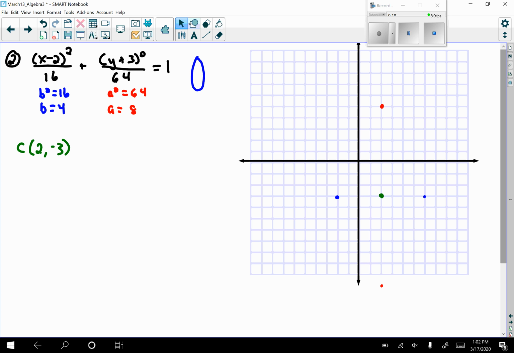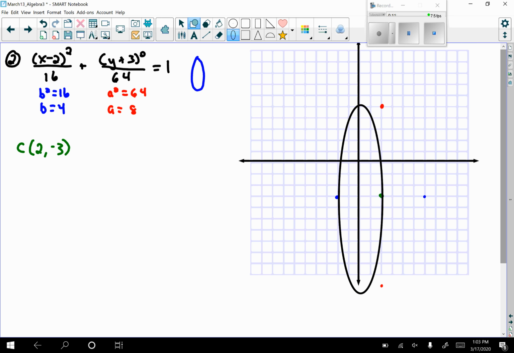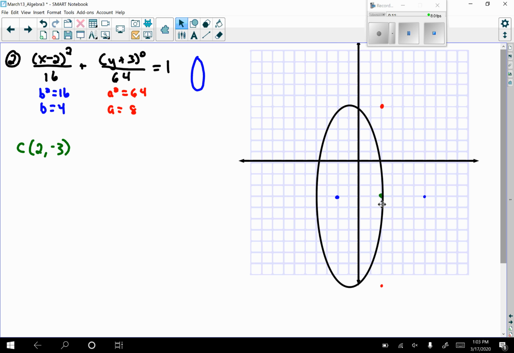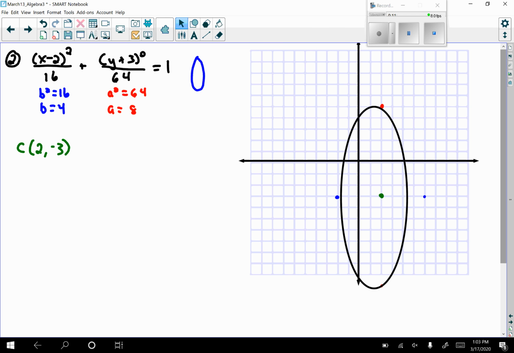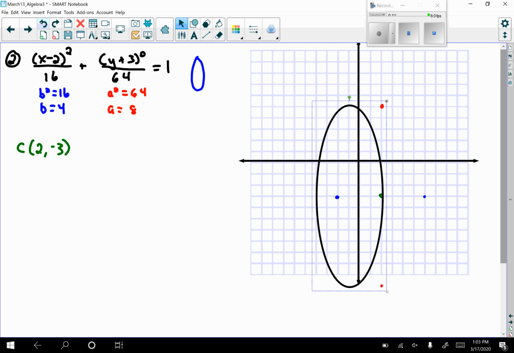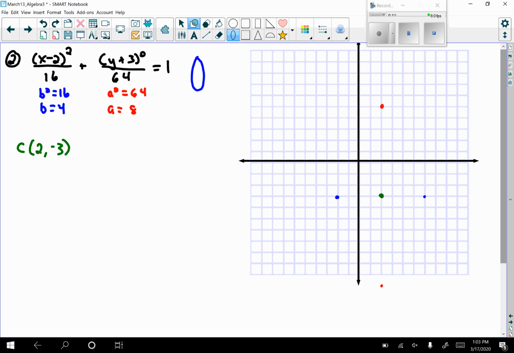This is what I'm going to draw my ellipse through. Let me try redrawing that again. There we go, much better.